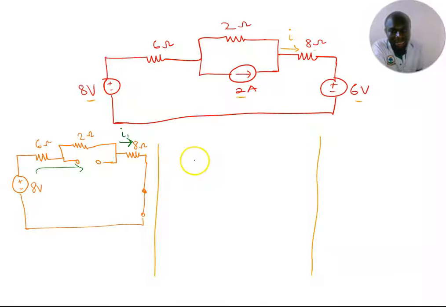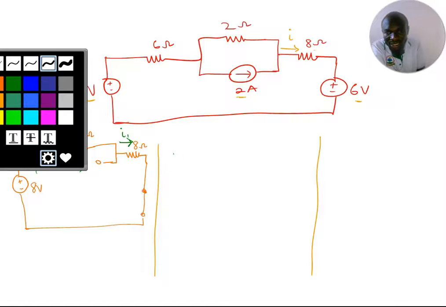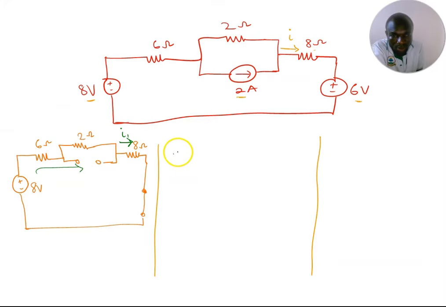Okay. And the next one, I'm going to remove all the two voltage sources. So once I remove the voltage sources, let me draw it again. So here, I'm removing the 8 volt voltage source. So I'll short circuit it. Okay. I told you that anytime you are removing the voltage source, you short circuit that path.